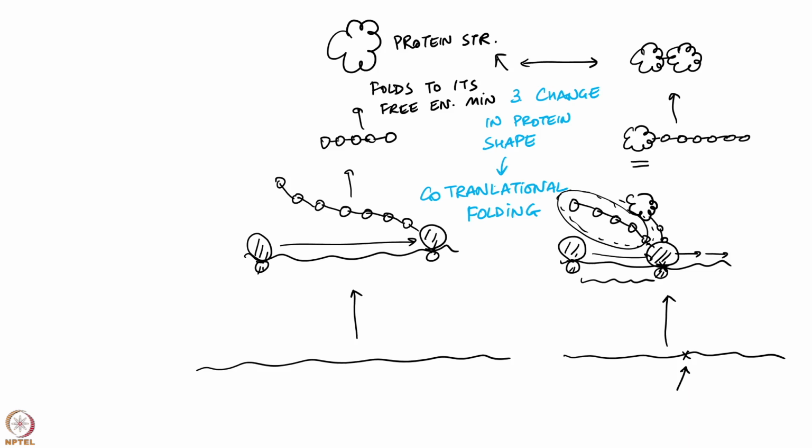Now, these could be beneficial or these could be deleterious, but the point is that a synonymous mutation can have different effects on the protein amount or protein structure via these three different ways. And we will continue this discussion in the next video.